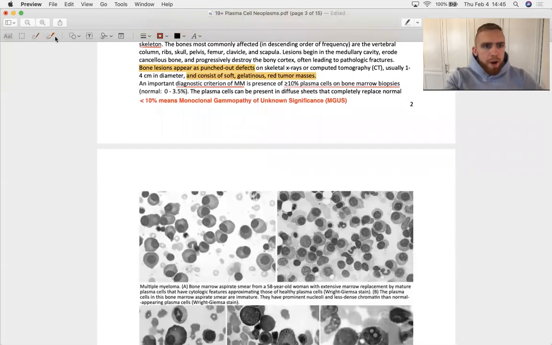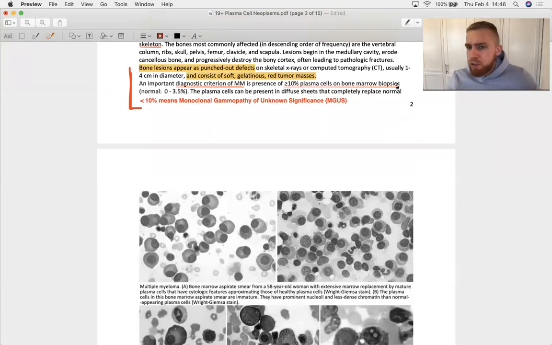This is important here. To diagnose multiple myeloma, there has to be greater than 10% plasma cells on a bone marrow biopsy. So when you take cells out of the bone marrow, you're going to put them on a slide, and some poor pathologist is going to sit and go 1, 2, 3, and some of the best pathologists, I've heard they can count up to the 6 digits, and not even have to take a break for a Snickers or anything.